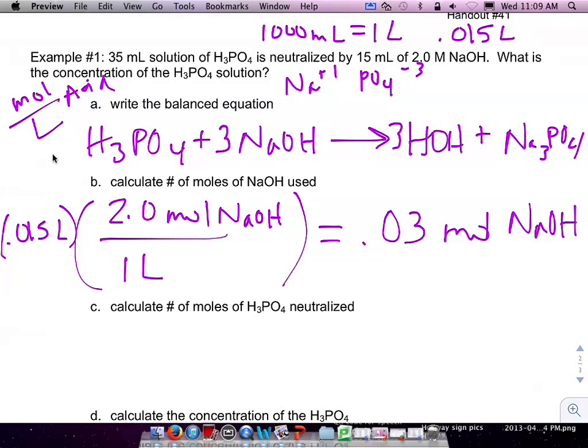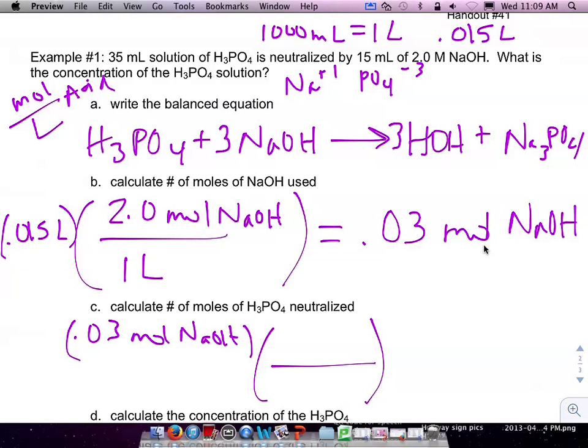Okay, but remember, I'm trying to find moles of acid. So now is when I can use stoichiometry to switch from 0.03 moles of NaOH. I use my switchover step from stoichiometry to cancel moles of NaOH, so that goes on the bottom, and I put moles of my acid, H3PO4, on top.